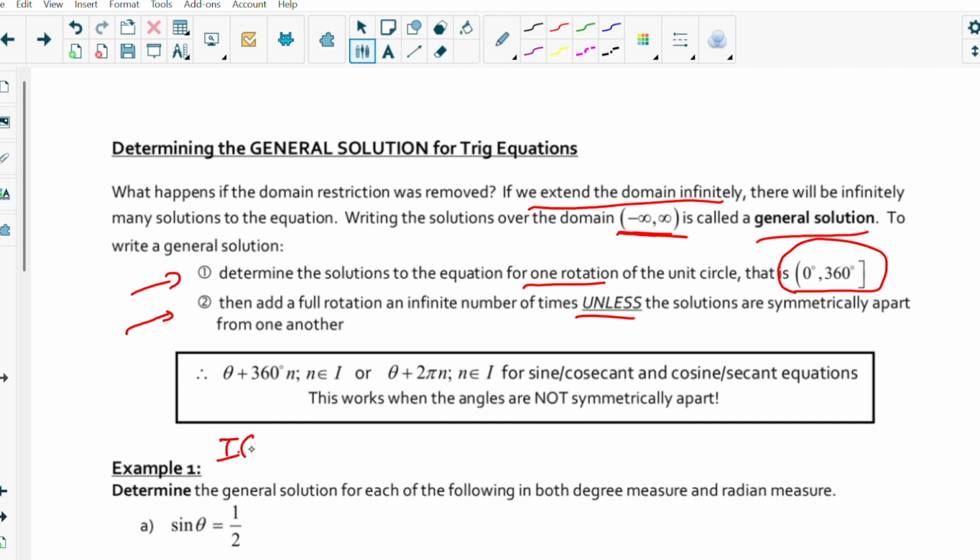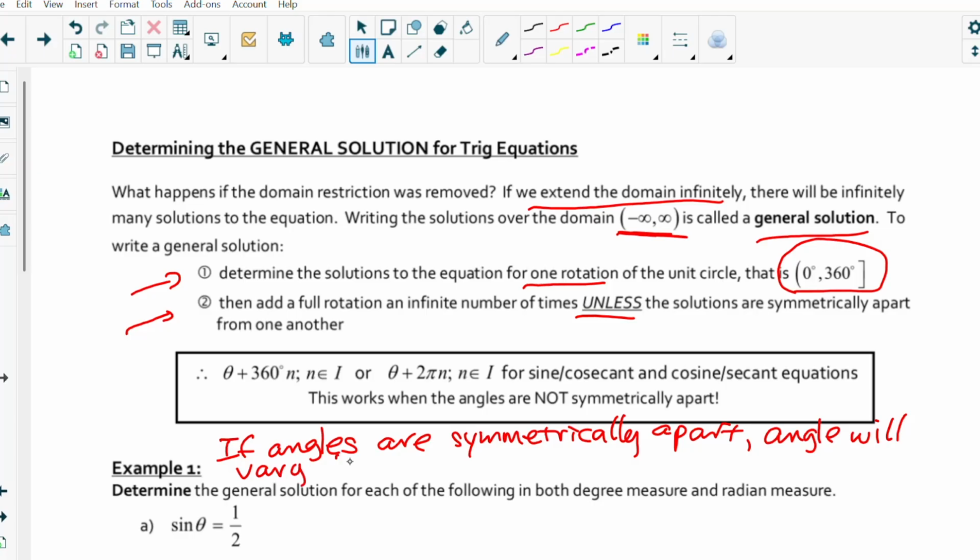I'll write this note: if angles are symmetrically apart, the angles will vary by pi radians or 180 degrees.